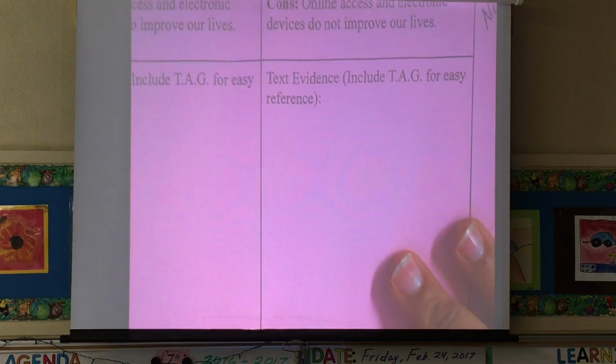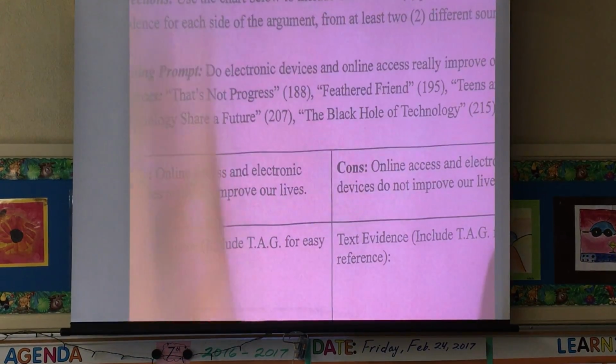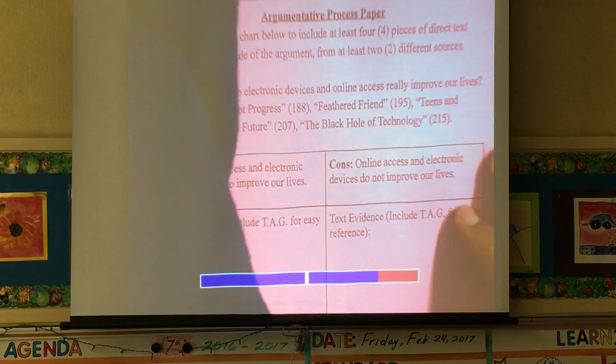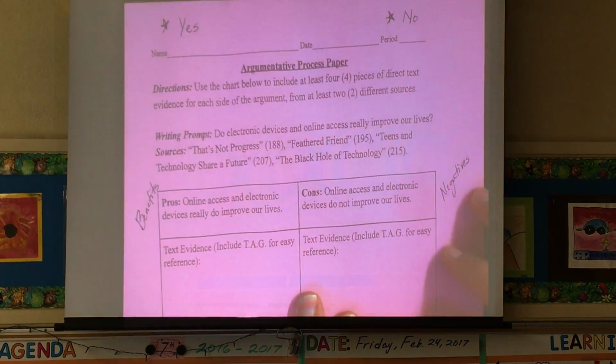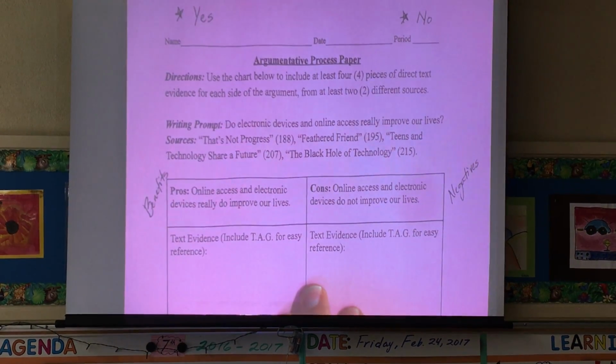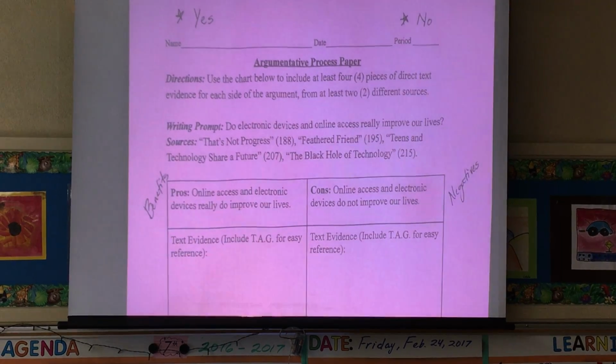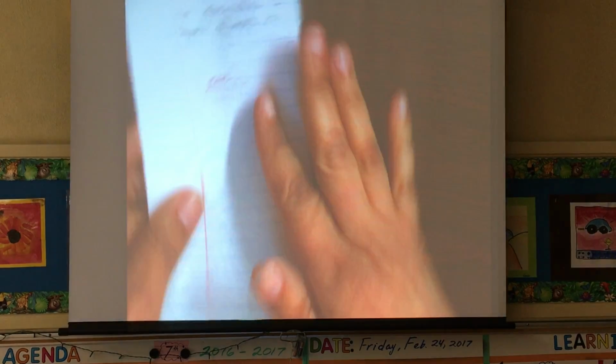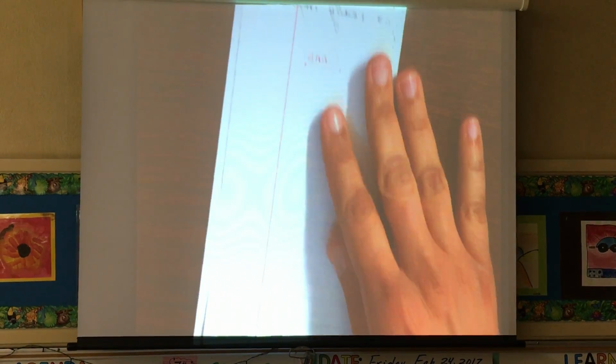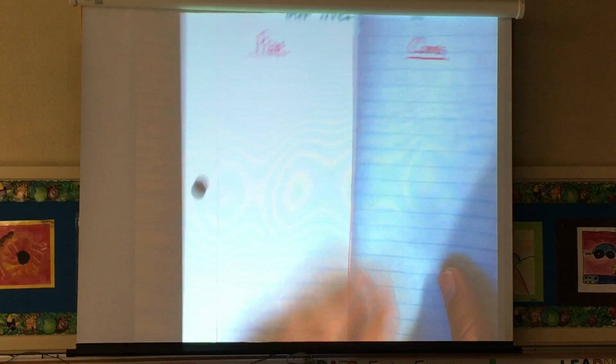So the T-chart looks like this, the one that we used in class. However, if you're at home and you do not have this, you can simply take a piece of lined notebook paper, fold it in half, like I did, and then create a simple T-chart.